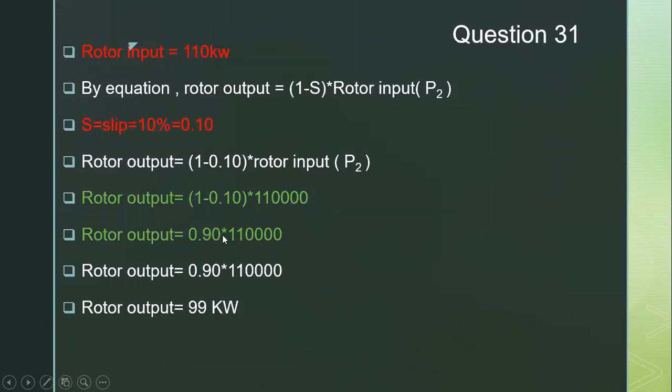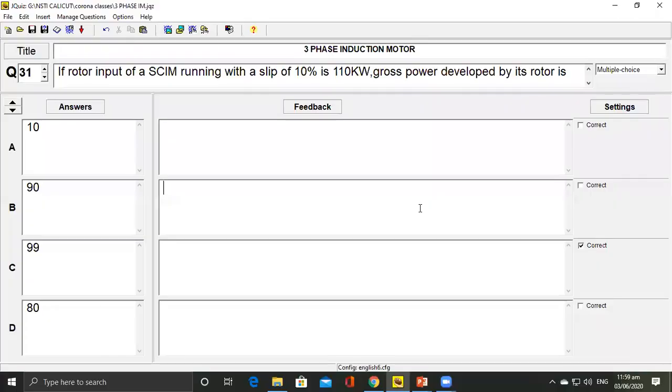So rotor output will be 0.90 into 110 kilowatts, and 0.90 into 1.1 lakh is equal to 99 kilowatts. So the answer will be option C, 99 kilowatts.